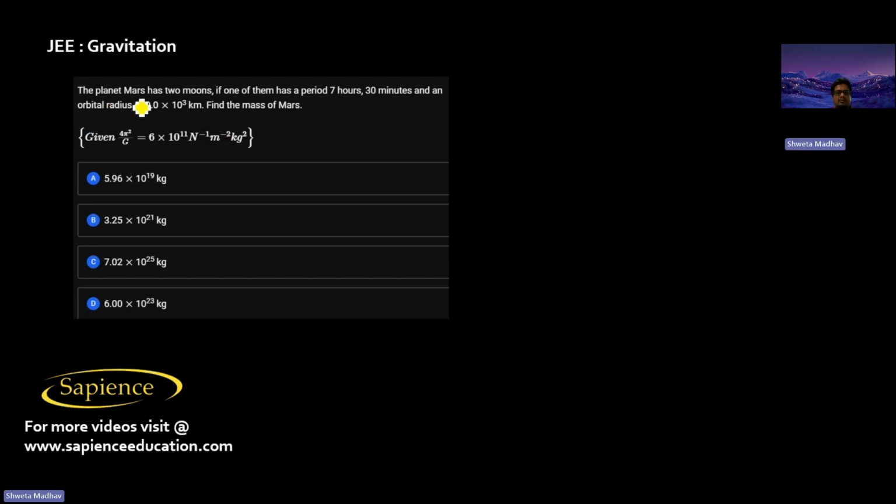Then it is told the planet Mars has two moons. If one of them has period 7 hours 30 minutes and an orbiting radius of 9 into 10 power 3 kilometer, find the mass of Mars. So we know that orbital velocity is root over GM by r. So orbital velocity is equal to 2 pi r by T, that is equal to root over GM by r.